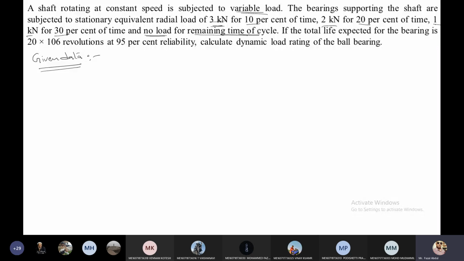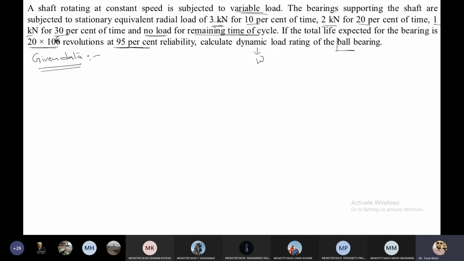How much is the remaining time? That is 1. And the total life expected for the bearing is L, given as 20 into 10 to the power of 6 revolutions at 95% reliability, R95 given. Calculate the dynamic load rating, that is capital W, for the ball bearing.